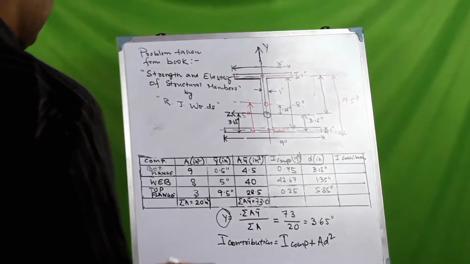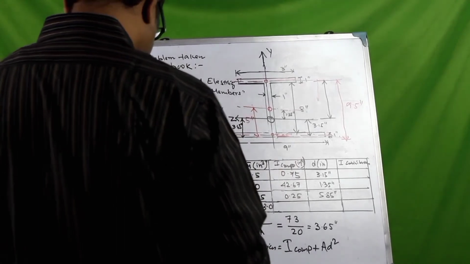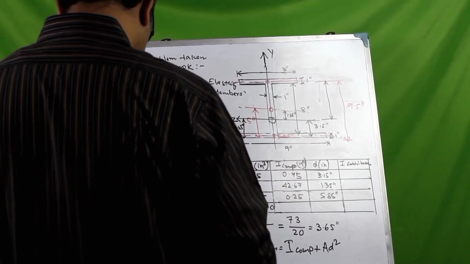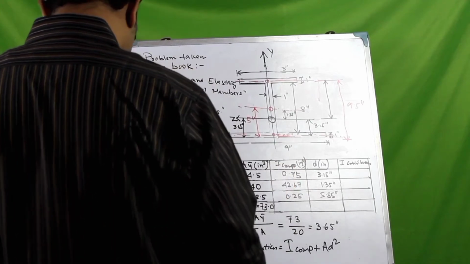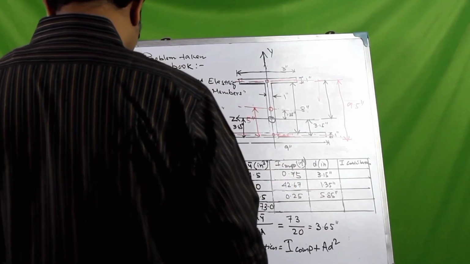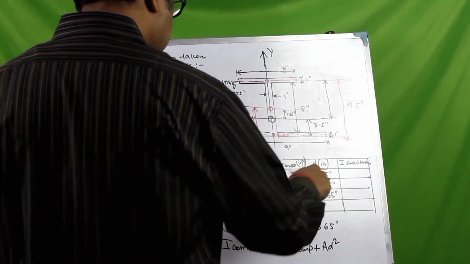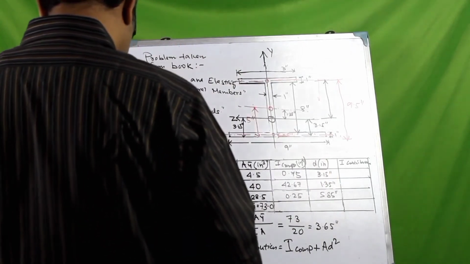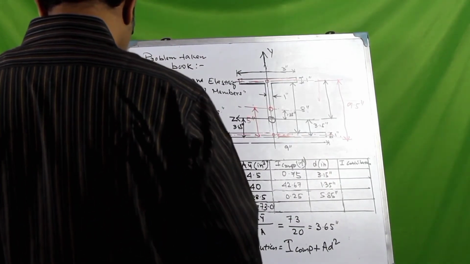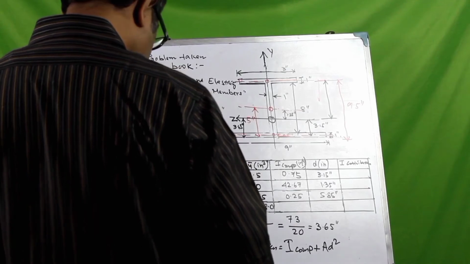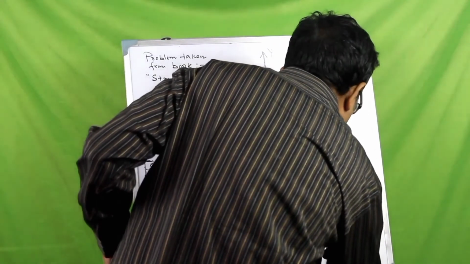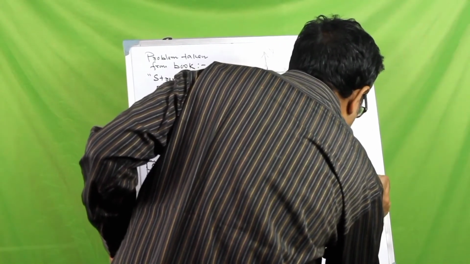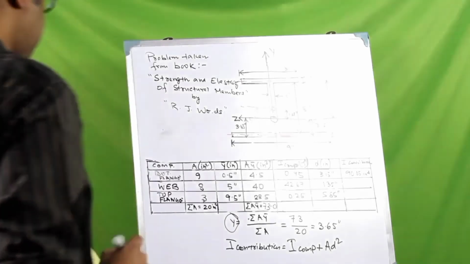So here we find out the I contribution, right? So what would be the I of this component? 0.75, right? I of this component is 0.75 plus A is 9. So 9 into what is d? 3.15, that we have to square. So the value would come out as 90.05 inch to the power 4.